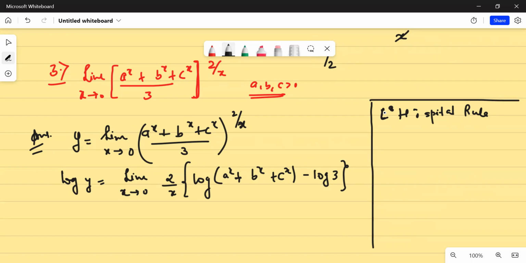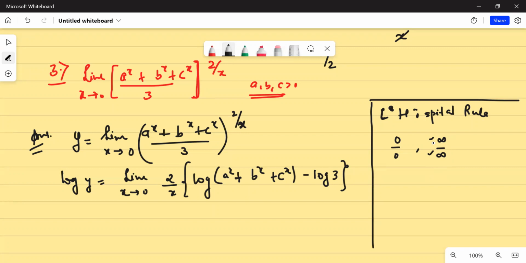So what is L'Hospital's rule? Whenever you find that you have a 0 by 0 form, or an infinity by infinity form, and your numerator and denominator are differentiable, then you can differentiate your numerator and your denominator separately.